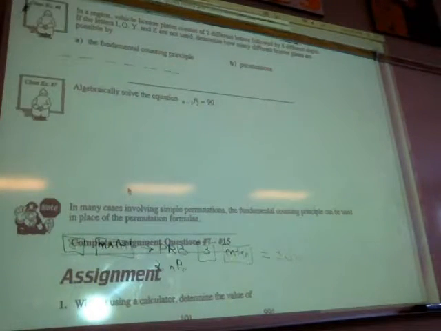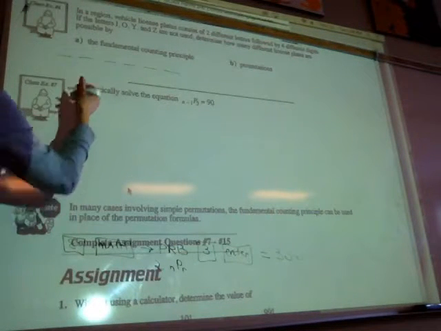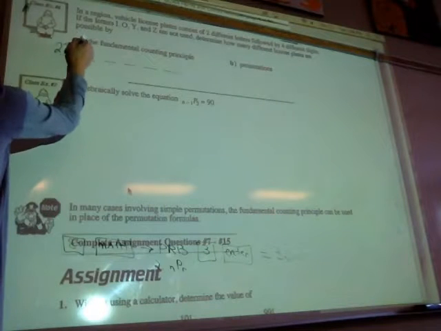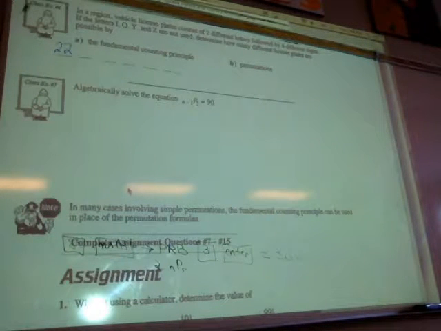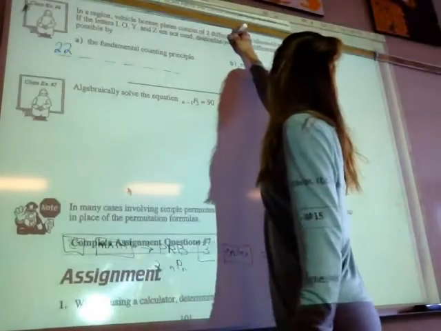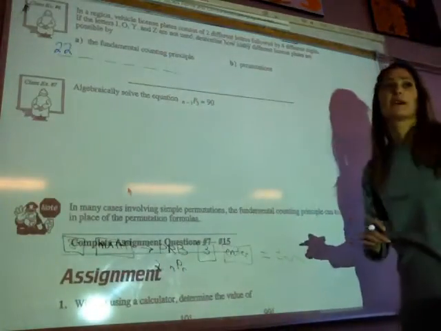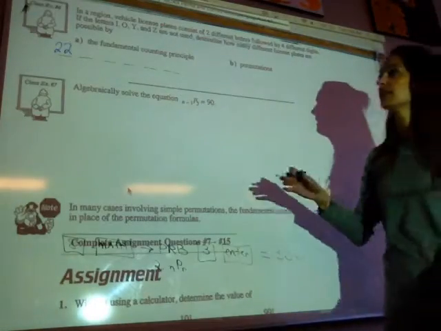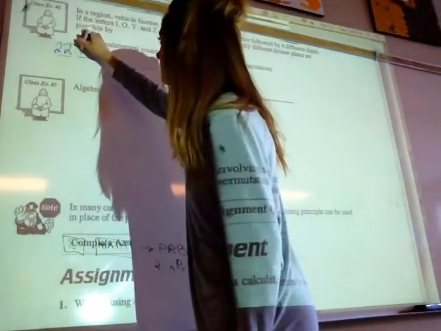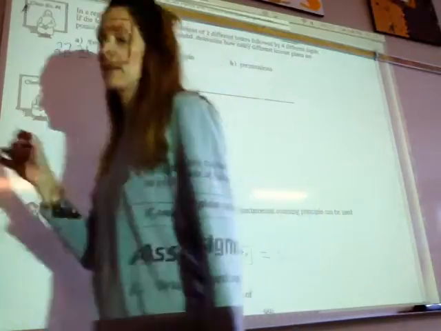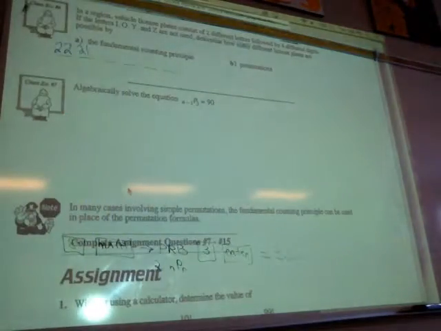For the letters, we can't use I, O, Y, or Z. So how many letters do we have? 22. Okay, and just keep in mind the language here. It says 2 different letters. So if I've used 1 letter, that means the next letter will only be 21 options.